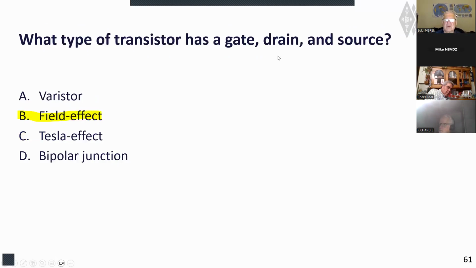And what type of transistor has gate, drain, and source? Okay, this is just one of those things you have to memorize, because I don't know that there's any way to guess it. Bipolar junction is just a generic name for a transistor. But gate, so yeah, a field effect. Field effect.